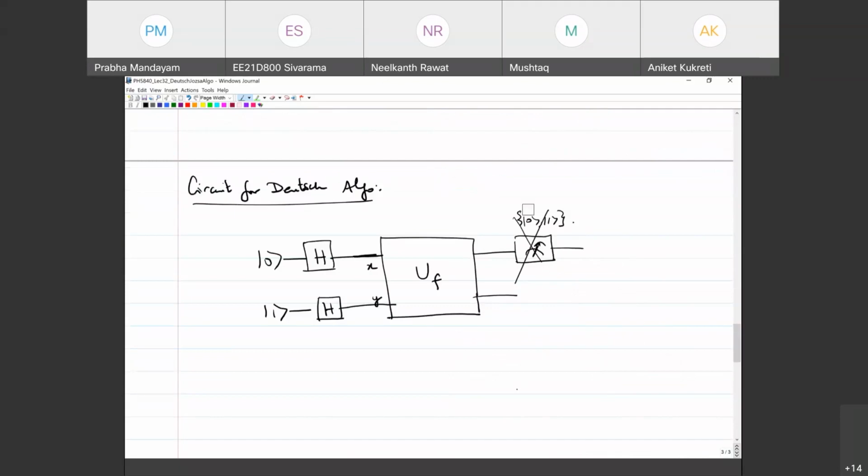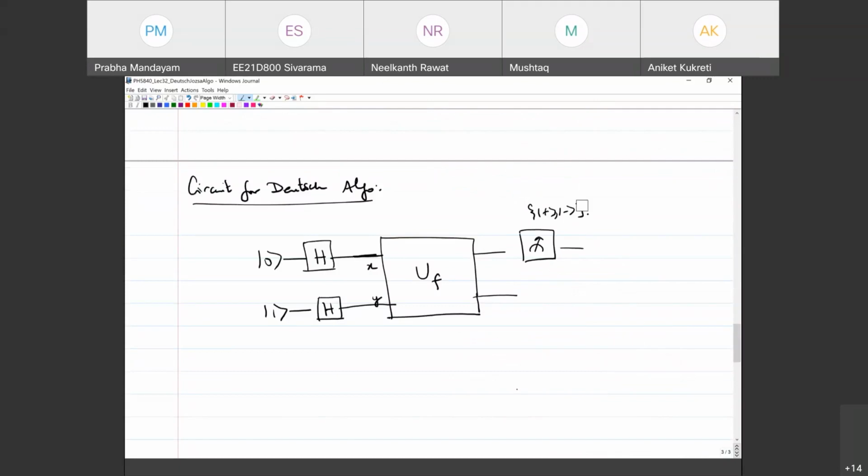However, if I were to think about implementing this practically, the measurement you have to do is actually a plus minus basis measurement, right? But suppose my experimental toolkit has only the 0, 1 basis measurement.